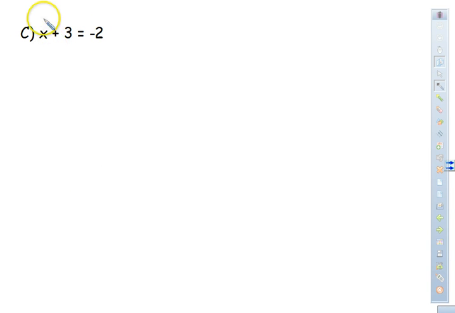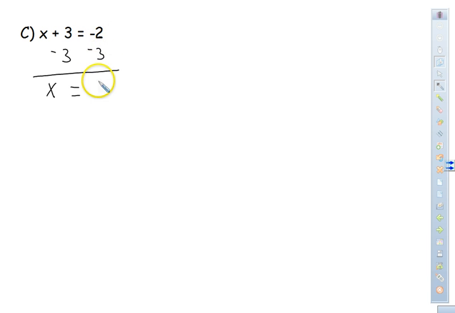Now we start on the left side because the variable is on the left. And we're going to do the opposite. So since it's adding 3, we're going to add a negative 3 to both sides. X comes down. 3 plus a negative 3 is 0, so we leave it all alone. And now we have a negative 2 plus a negative 3.